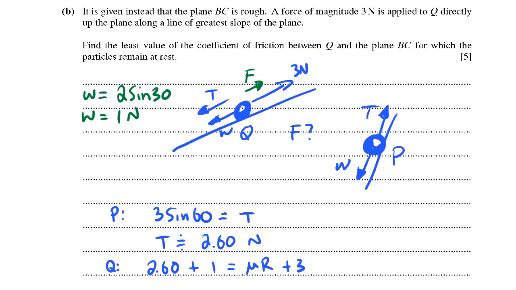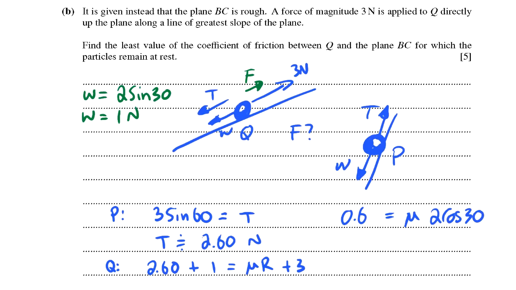All right, so if we add the 1 to the 2.6, we get 3.6. If we subtract the 3, we'll get 0.6, using exact values. And that is going to equal the coefficient of friction times R. R is the weight, which is 2.0 times 10 times the cos of 30.